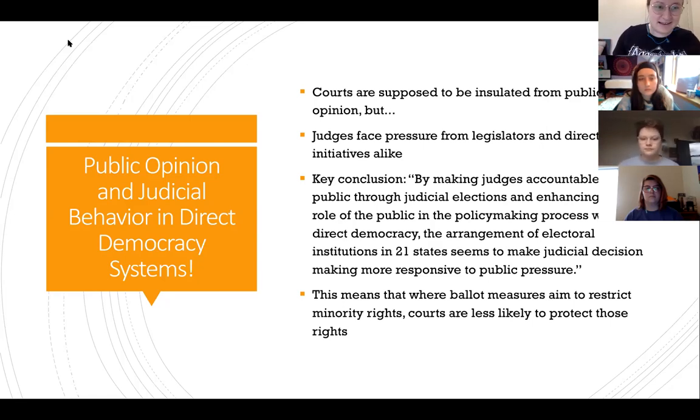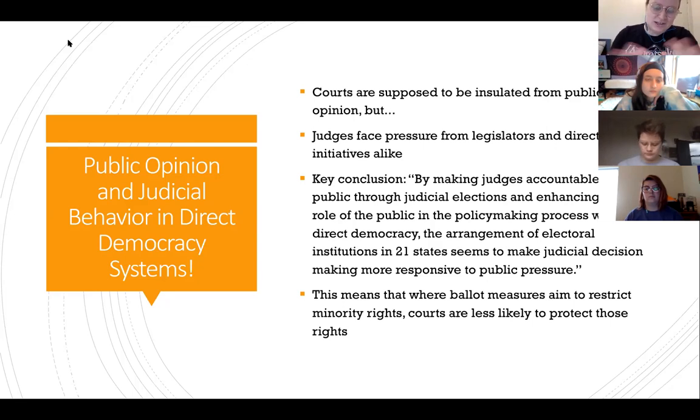That's a big part of checks and balances of government, so that's not necessarily a bad thing. But in states where direct democracy can be used for policymaking, that can influence legislators, it can influence judges, and it can cause legislators or judges to treat each other in certain ways. And that's really what this study was delving into.